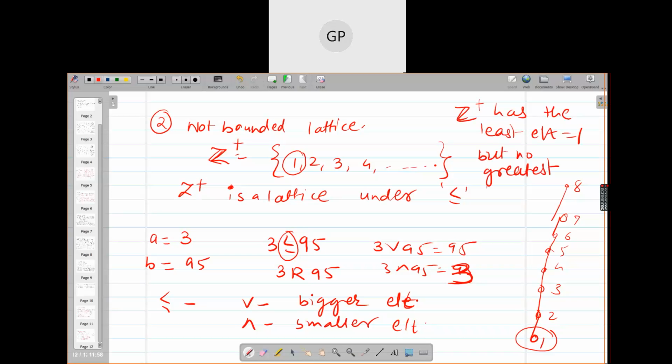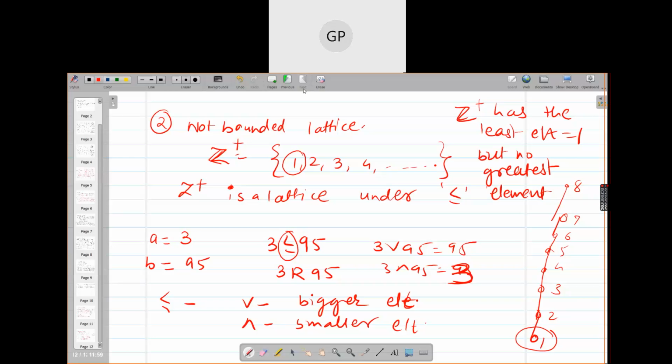So is this lattice bounded? Is there any one element which is the biggest? Is there any such element in Z plus? No. Because as you go on increasing, I would say 100 is bigger than 99, but bigger than 100 is 101. But I do have an element which is the smallest magnitude-wise, that is 1. 1 is the smallest element among all the integers, because here I am considering the usual less equal relation.